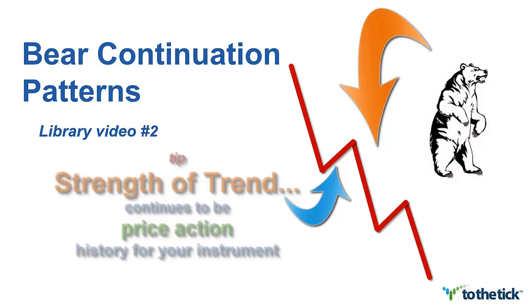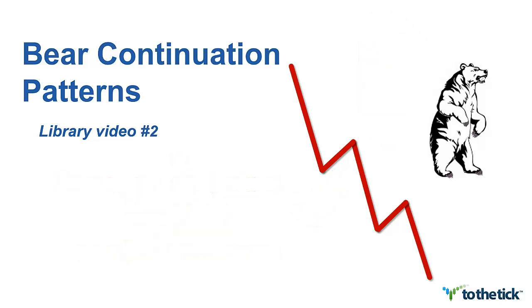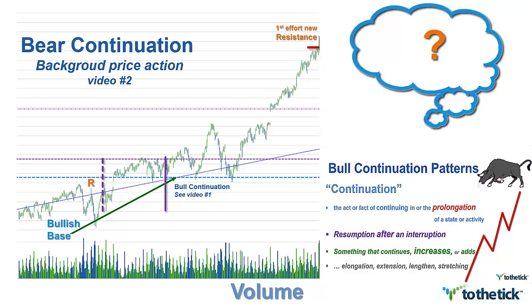Let's get started. Our video number 1 was on bullish continuation patterns, and it contained all this material. The background chart that I gave you showed a very large trend over a great big amount of time for what was the bullish base. In our immediate picture, we looked at these reference points as the base.